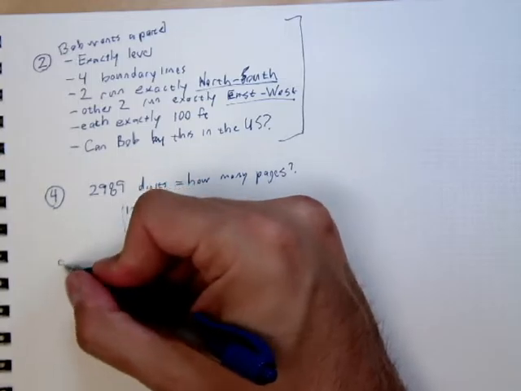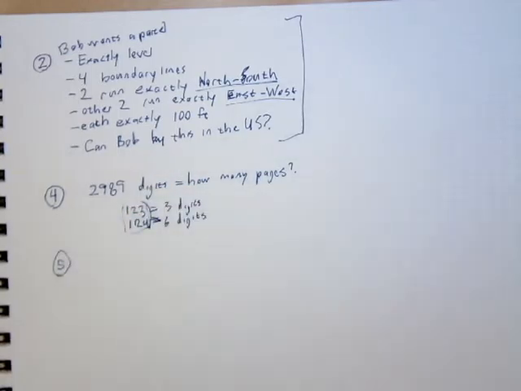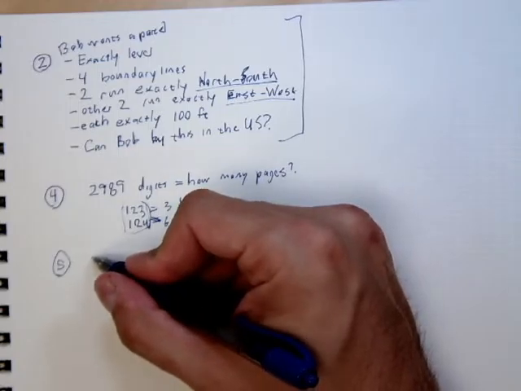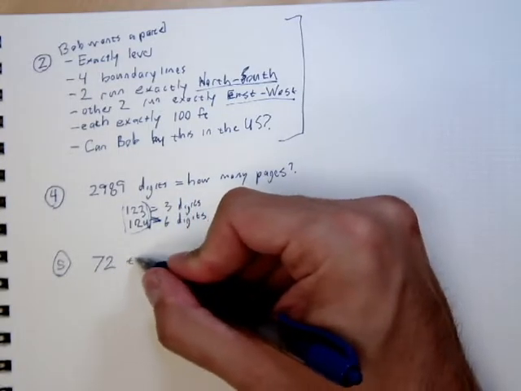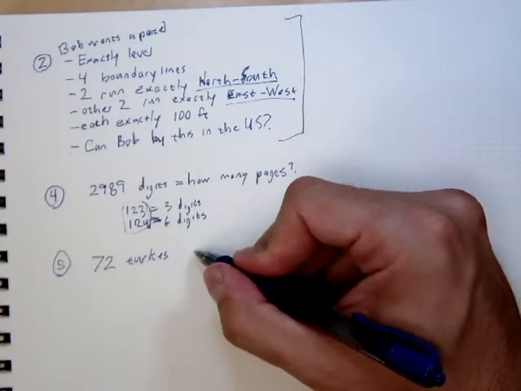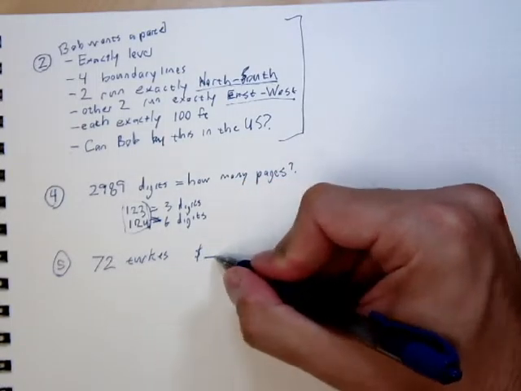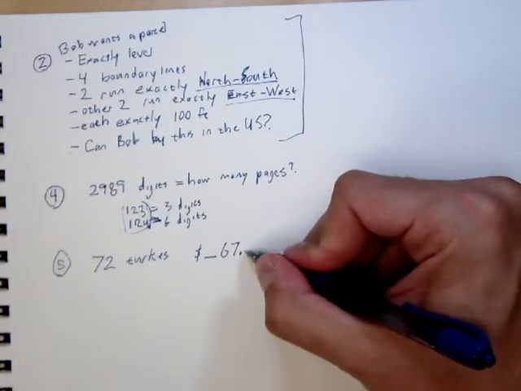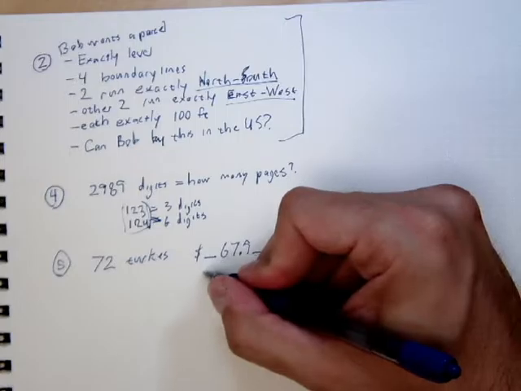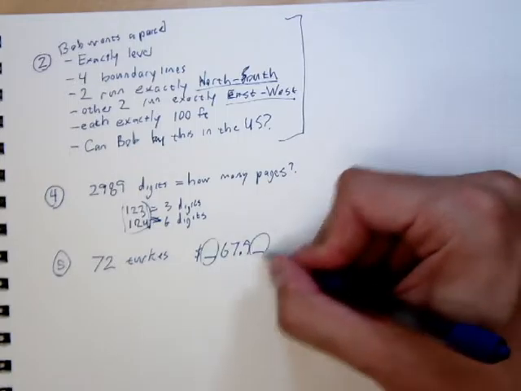Problem number 5 is, a grandfather has a bill. He bought 72 turkeys for blank 67.9 blank dollars. So there's a bill, and you don't know what these numbers are.